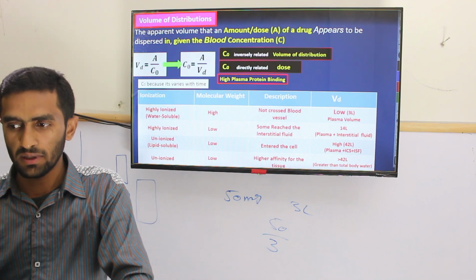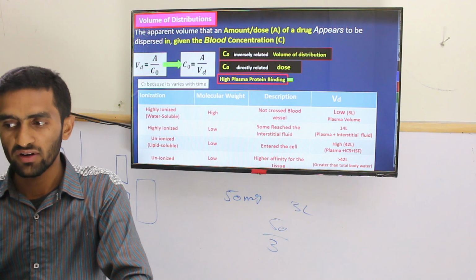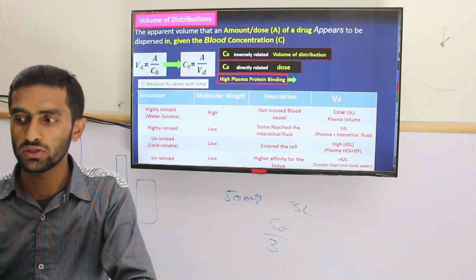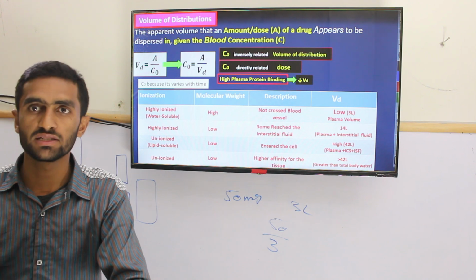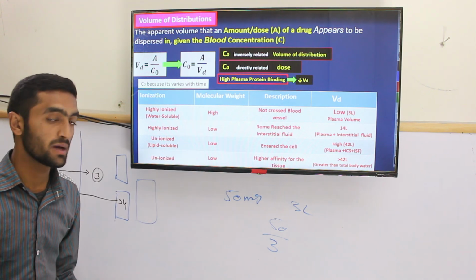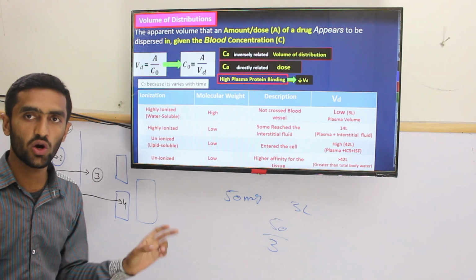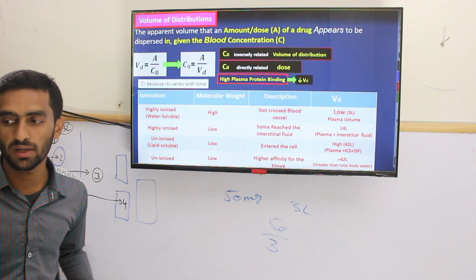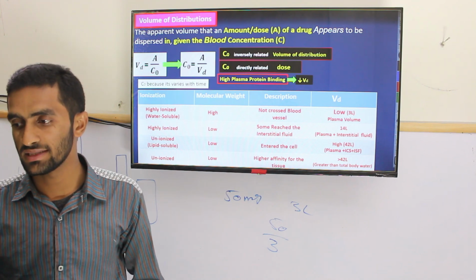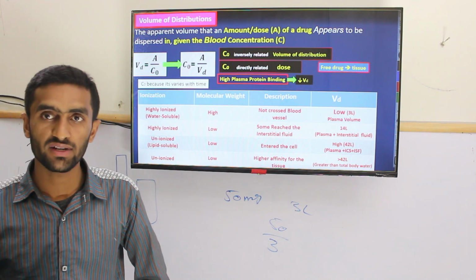If it's high plasma protein binding, what will happen? Your volume of distribution is going to go down, because high plasma protein binding means your drug is not going out of the plasma, it's totally present in the plasma, so the volume of distribution is low. Free drug, what will happen?